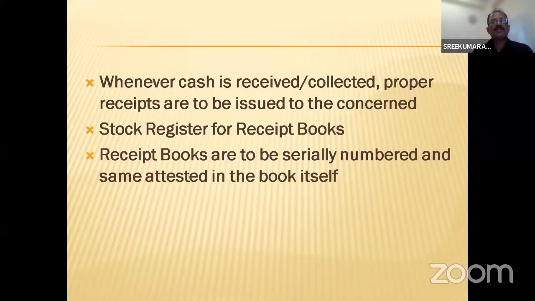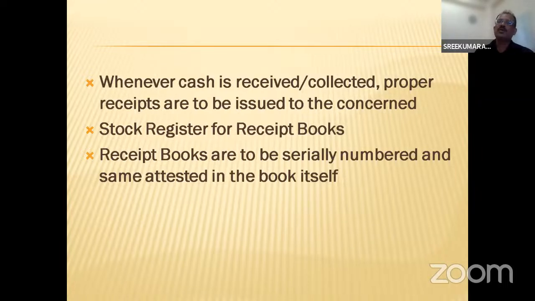I'm talking about this receipt book. It has got its importance, and this receipt book's stock register also has to be maintained, because in some cases, especially in some research centers or regional centers, they will be printing their own receipt books, which is absolutely not correct. We cannot accept it, because there has to be a receipt book, and it has to be issued from a central stock, or at least from the headquarters.